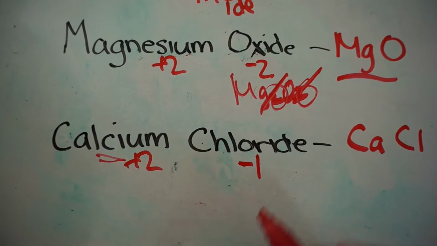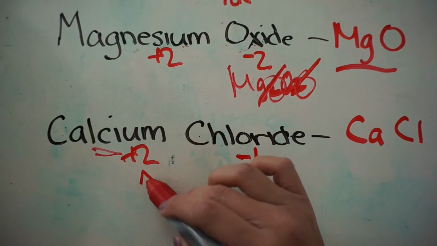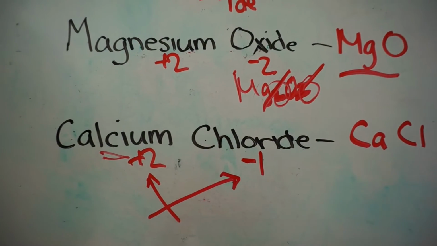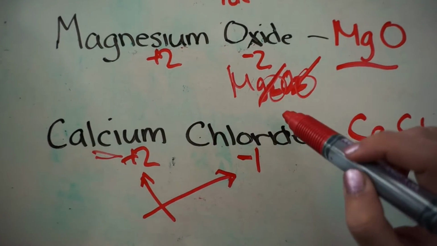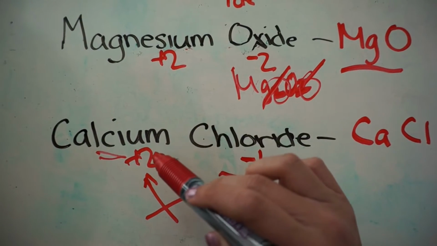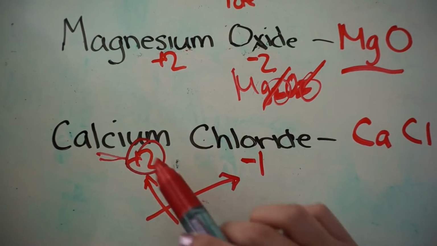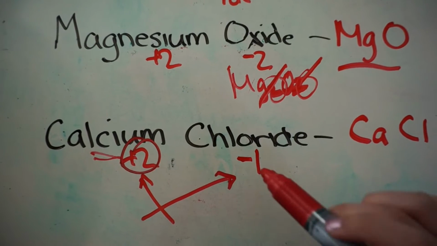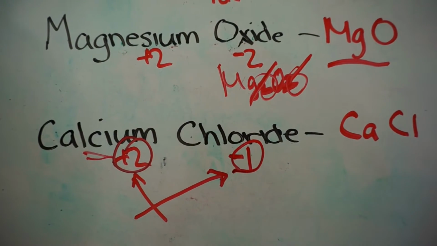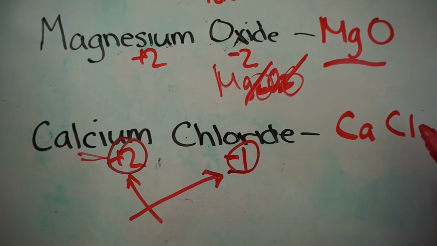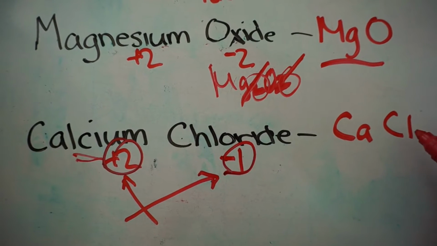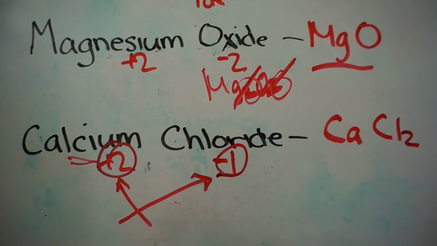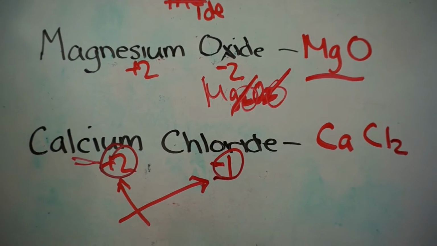So we're going to cross multiply these two charges. This means that the chlorine is now going to have the charge of calcium, so +2, and the calcium is going to have the charge of the chlorine, so -1. So when we're writing this out, it's going to be calcium with 1 charge and chlorine with 2. So the final answer is going to be CaCl2.